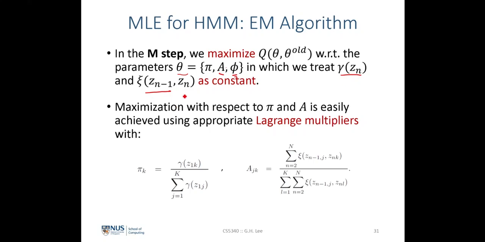This is similar to the responsibility function that we have seen in the mixture model in the previous lecture. Maximization of the pi term and A is easily achieved using the Lagrange multiplier. This is because the sum of all the pi must add up to 1, and the sum of all the rows of A must also add up to 1.